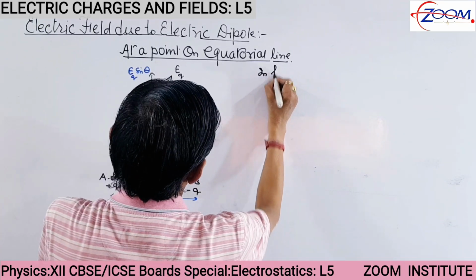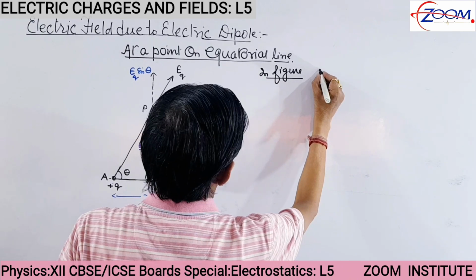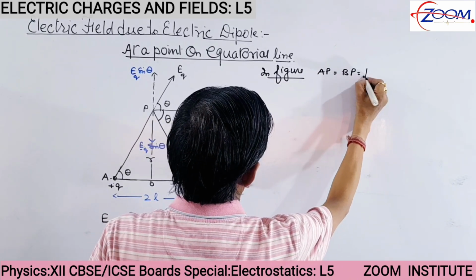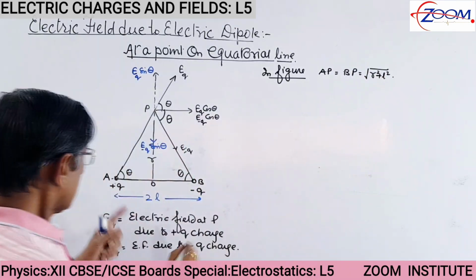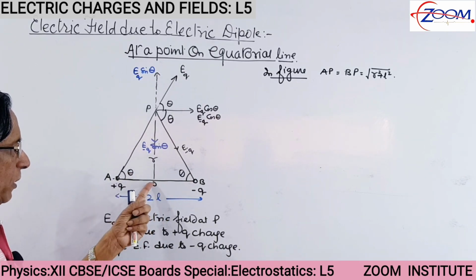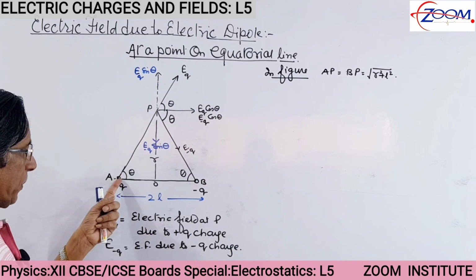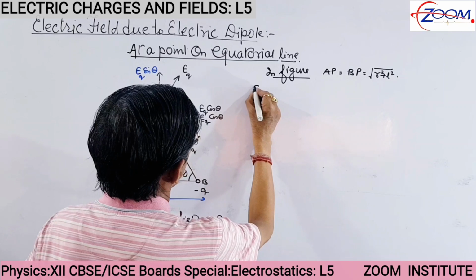In figure, I can write AP is equal to BP is equal to root R square plus L square. This is R, the total is 2L, so AO will be equal to L. So by Pythagoras theorem, AP square is equal to R square plus L square.